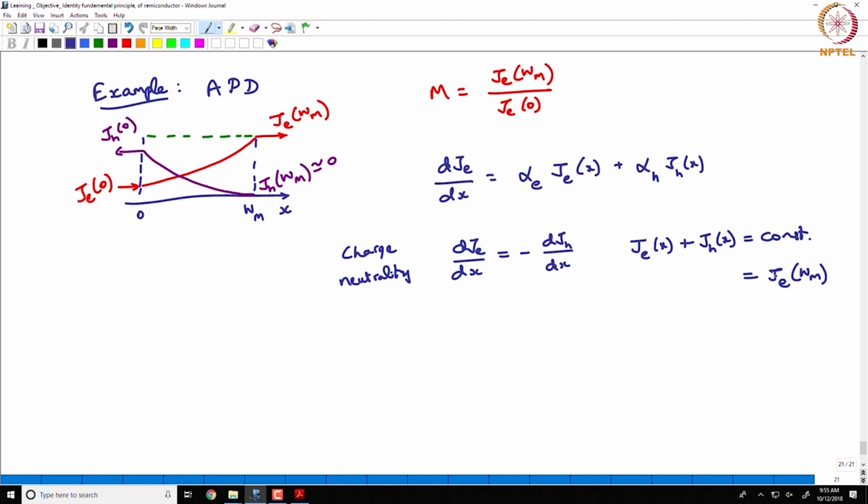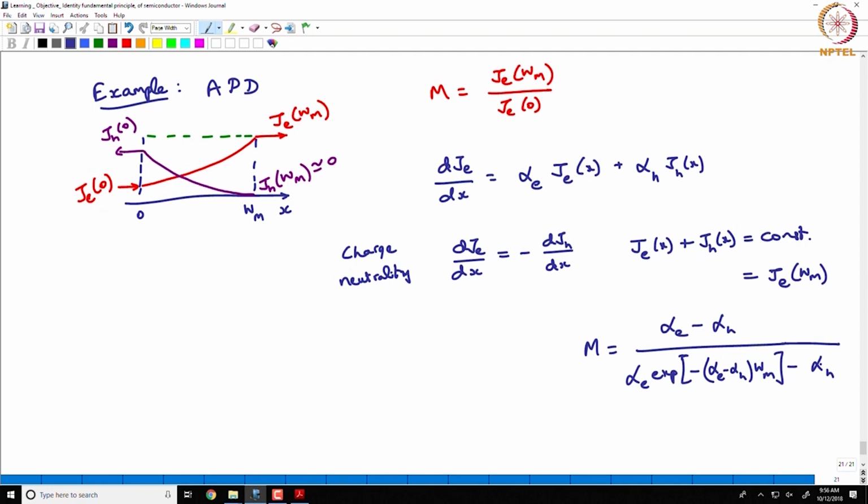So based on this, you can get a multiplication factor. I'll just put down the final expression, and I'll let you actually do this yourself. The final expression that you will get is alpha e exponential of minus alpha e minus alpha h multiplied by Wm, minus alpha h.